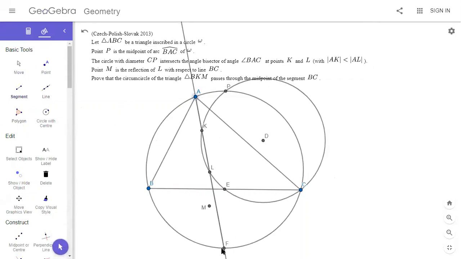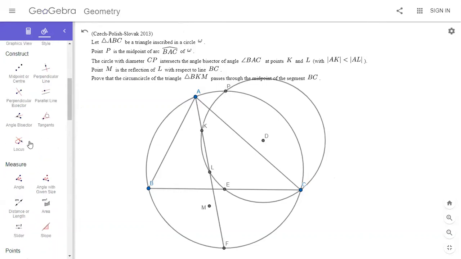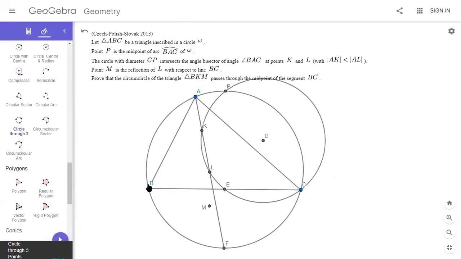So first, can we show that E lies on this circle? Is it obvious? Angle PEC is 90 degrees, so E is going to lie on that circle.